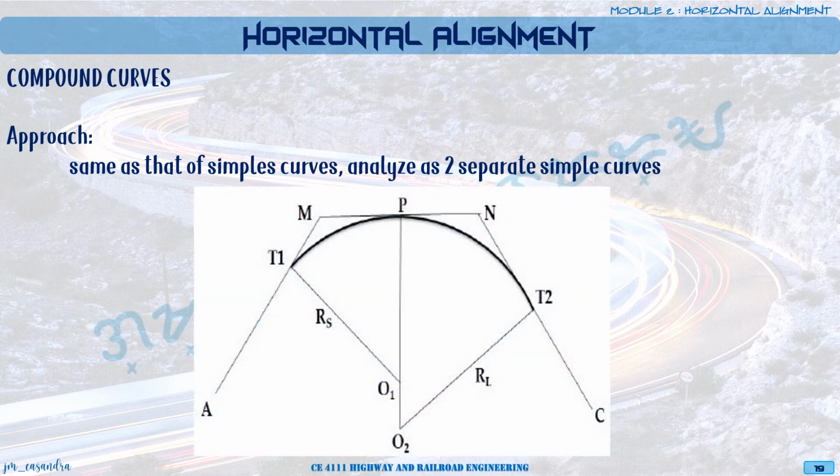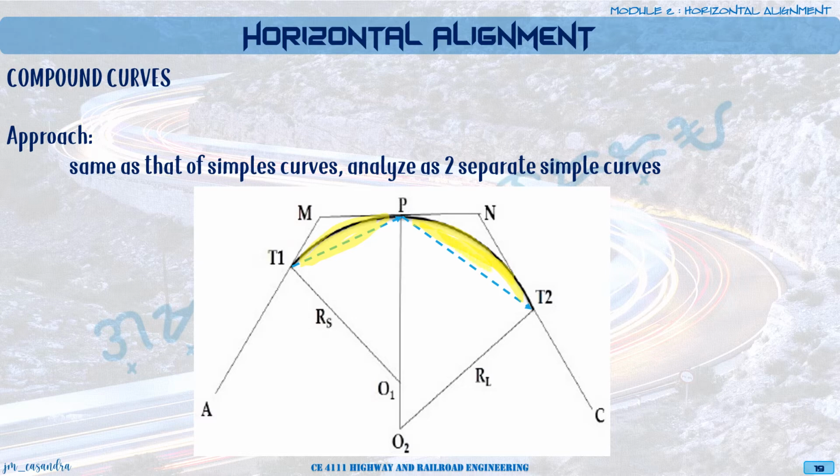If we have here our compound curve, what we will do is simply take note of the chord lengths for the first curve and the second curve. And then we determine now our mid coordinate, or our middle coordinate.